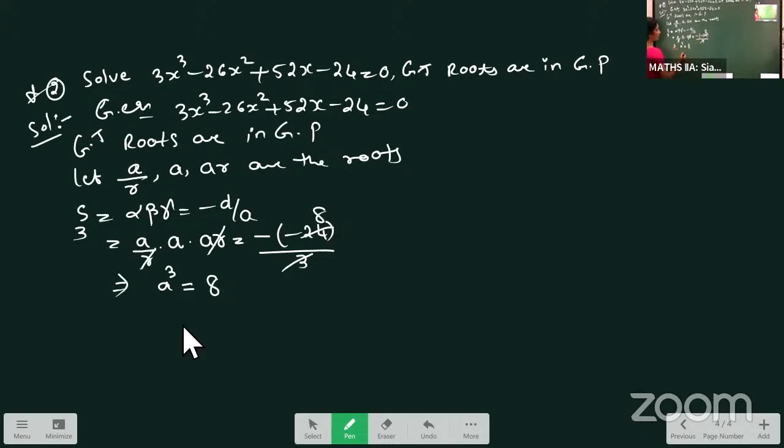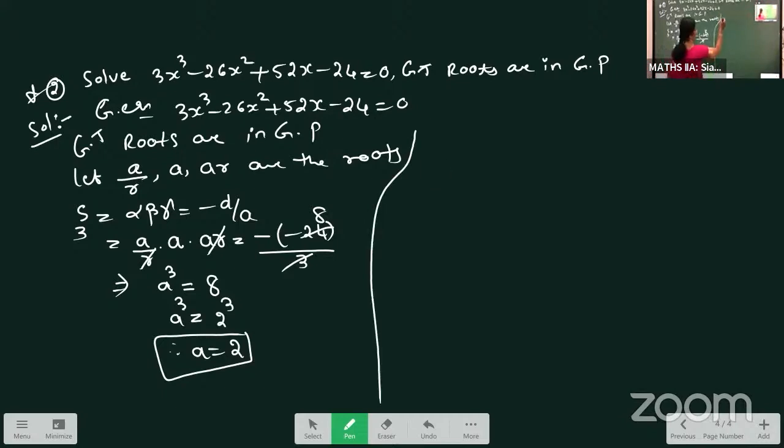How to simplify? Write 8 as 2 cube. Therefore, a is equal to 2. If you observe, a is one of the roots. By taking that concept, you continue with the remaining.